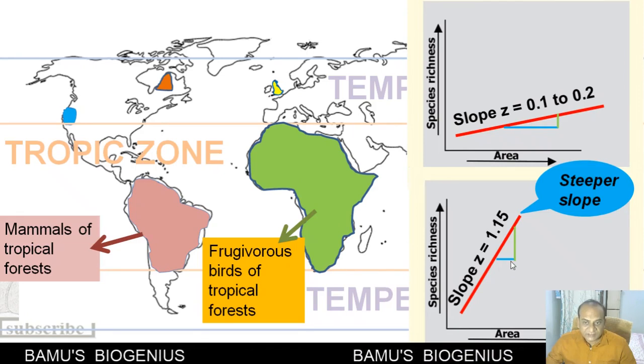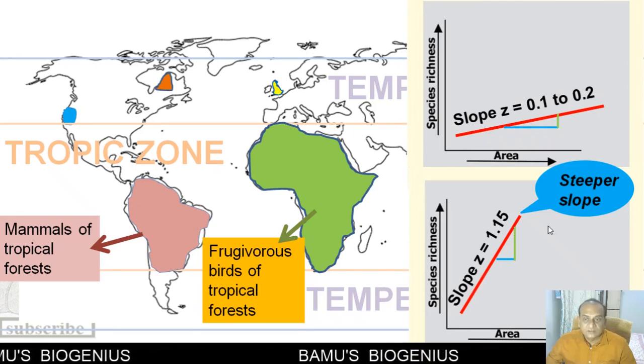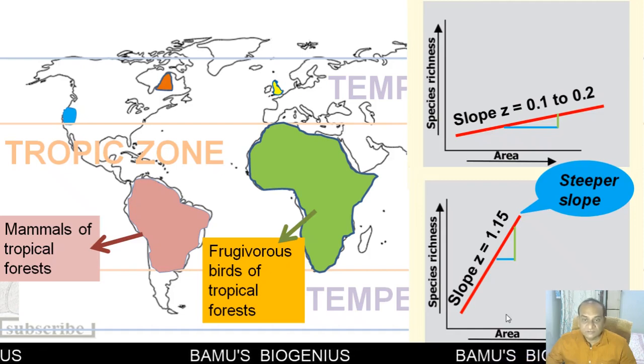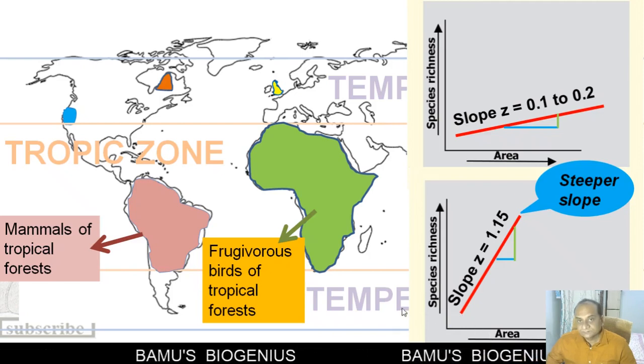So as area increases, the diversity increases even more, and that's why the line in larger areas is steeper, and this is the significance of the species richness area curve.